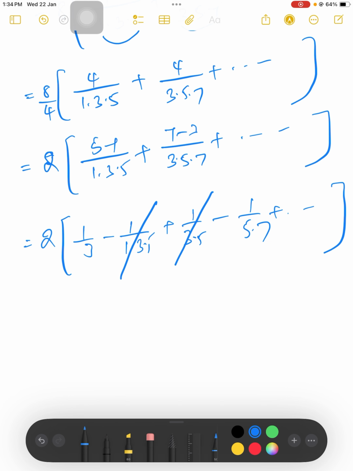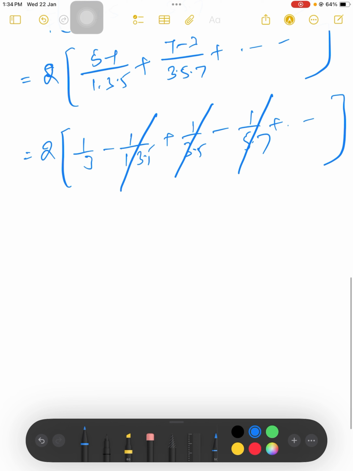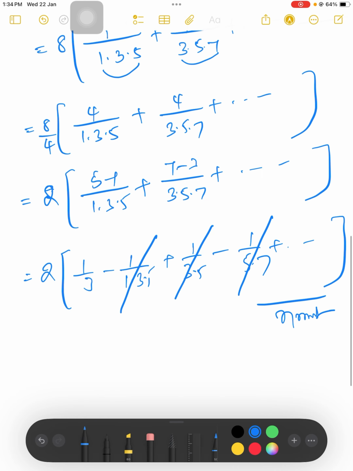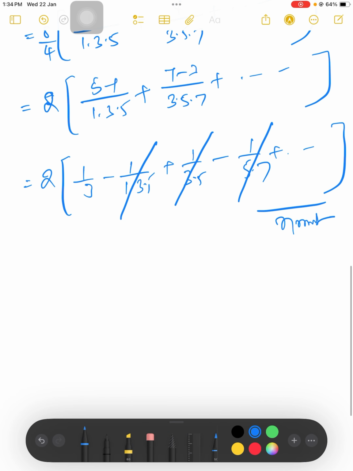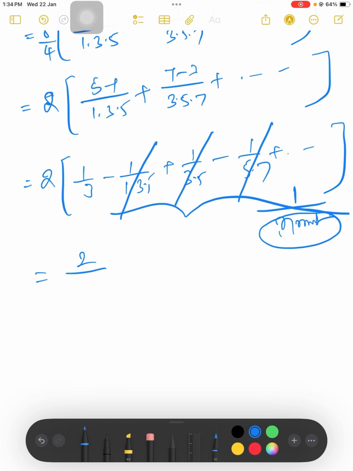Then if you keep on cancelling minus plus and so on, the last value has a denominator having n multiples, and they given that limit n tends to infinity, the denominator is having n and the numerator anyway is 1, so 1 by that infinite value will become 0. So finally all will eliminate. Finally the answer is 2 by 3.